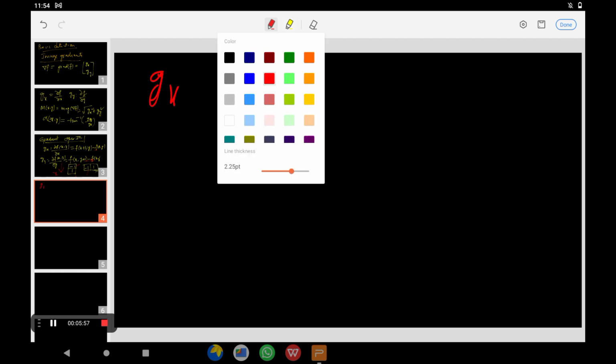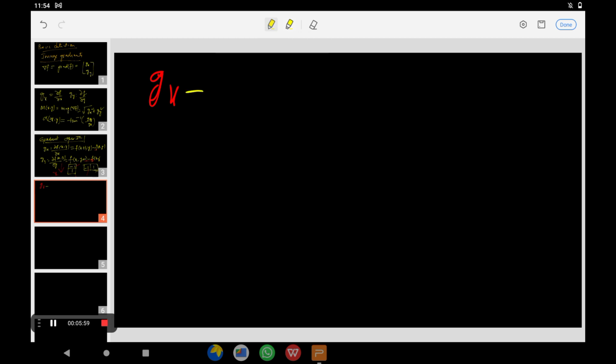Like this, there are many operators. Based on that, you can represent many filters, such as Sobel filters and Prewitt filters. For our convenience, I will represent some of the notations: gx is equal to dou f by dou x, which is z9 minus z5.